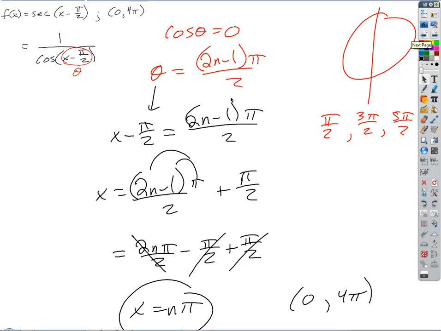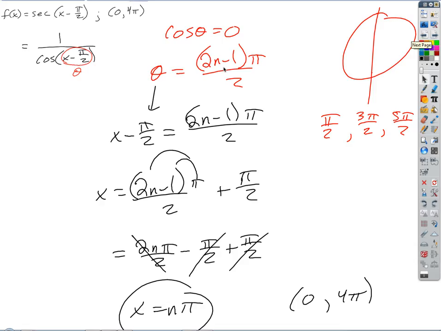This looks complicated, but we recognize 2n minus 1. If n is an integer, then 2n minus 1 is just 1 less than an even integer, which makes it an odd integer. You double an integer, it becomes even, subtract 1, it becomes odd.